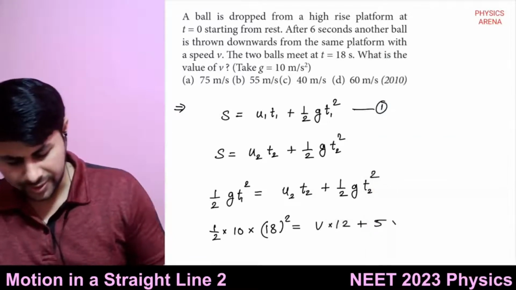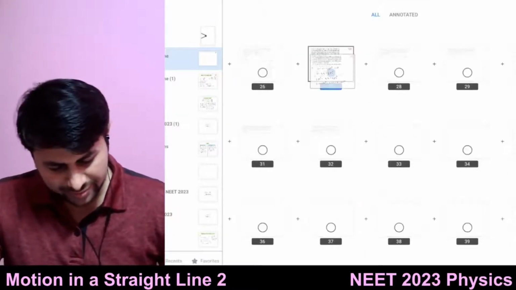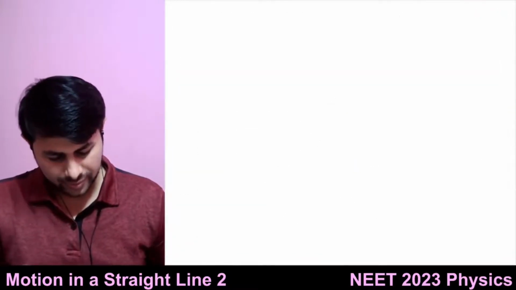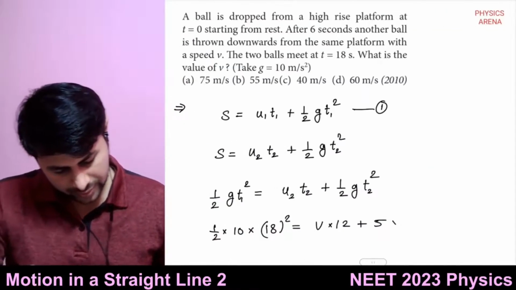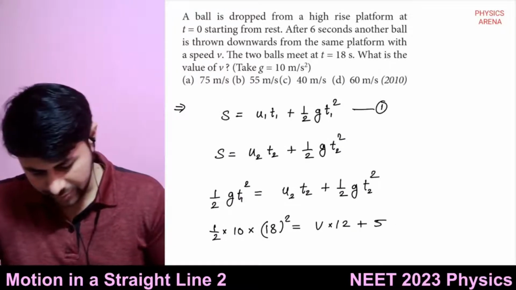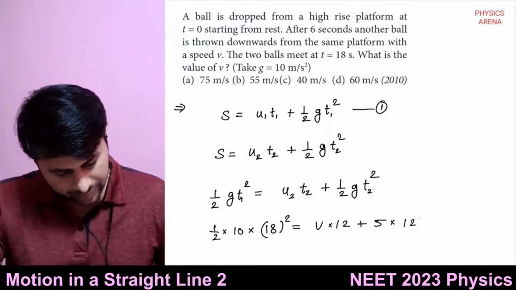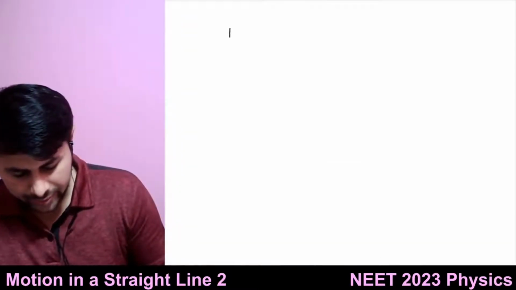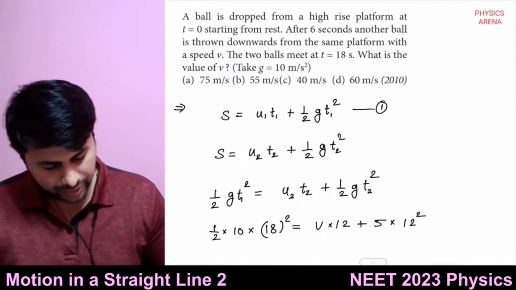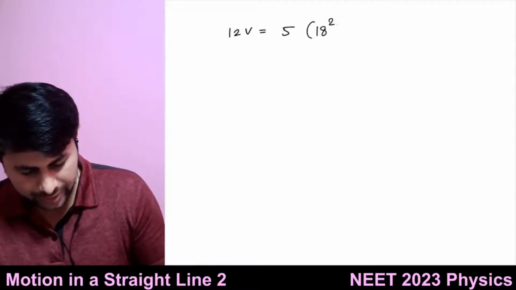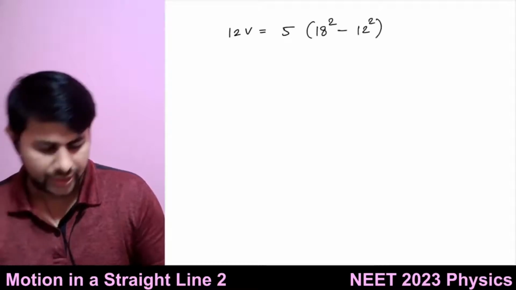Let me add a page. Oh, what was that? 5 multiplied by 12 square, no? So I can write 12 times v is equal to 5 multiplied by 18 square minus 12 square.